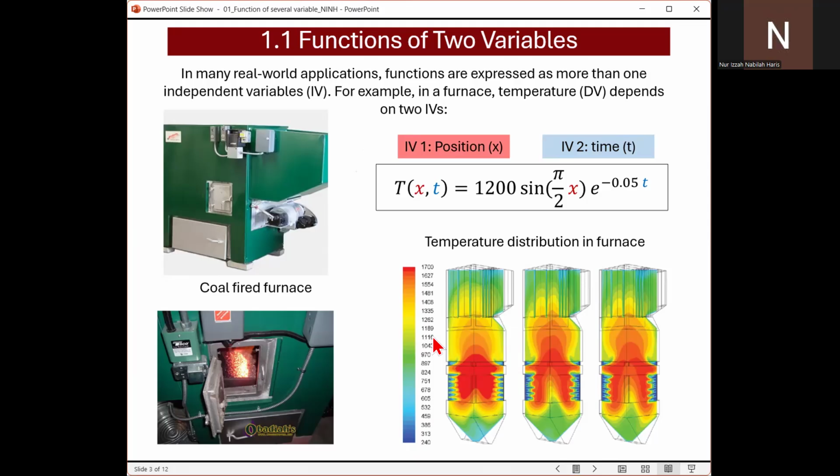And this is the temperature distribution at different location. And if you take it at different time, you actually have different temperature profile for each second or each minute that you take. So this is how you model the temperature changes in a furnace. Okay.